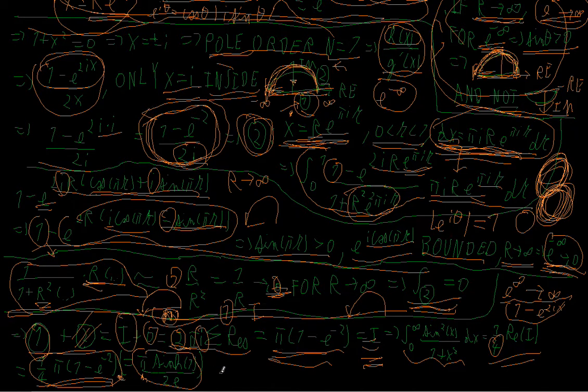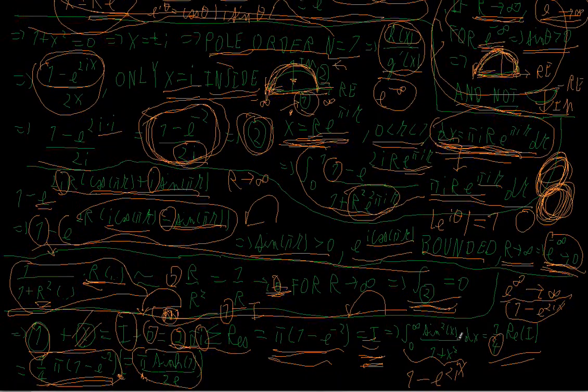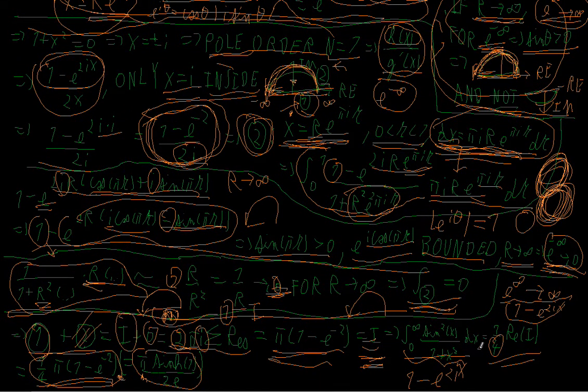So if you multiply it with 2 pi i, we get pi times 1 minus e to the minus 2, which is our integral with 1 minus e to the 2ix, and we saw that our original integral is 1 over 4 times the real part of this integral with 1 minus e to the 2ix.